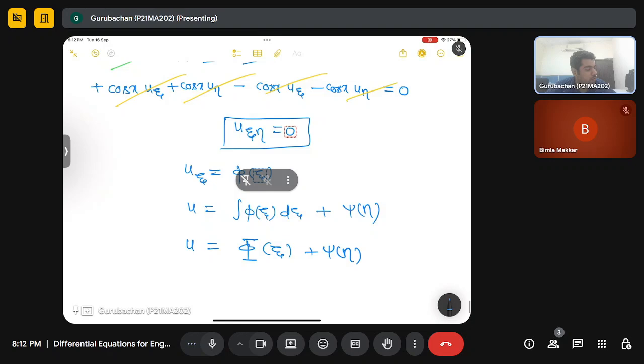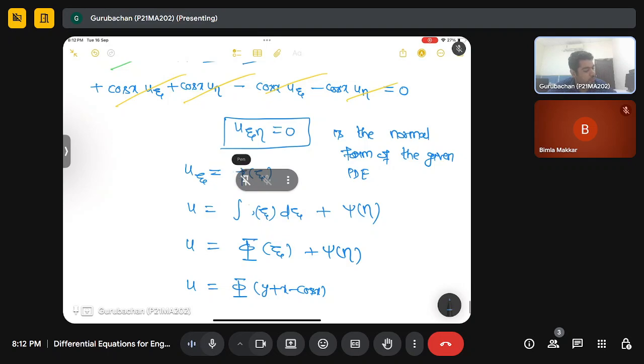And this is, first of all, the normal form of the given PDE. Okay, and this will be your phi of y plus x minus cos x. So let me just write it as f.